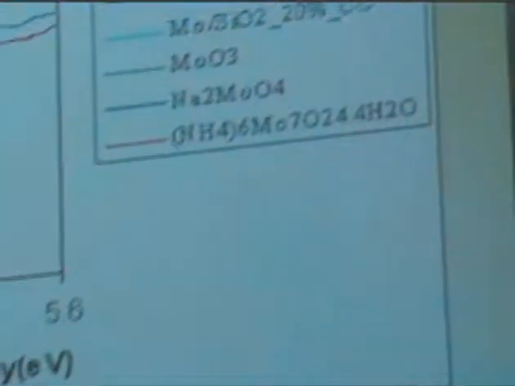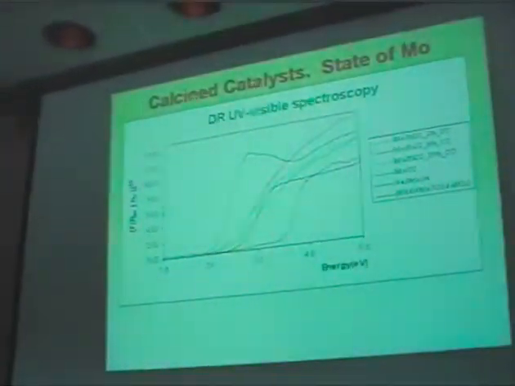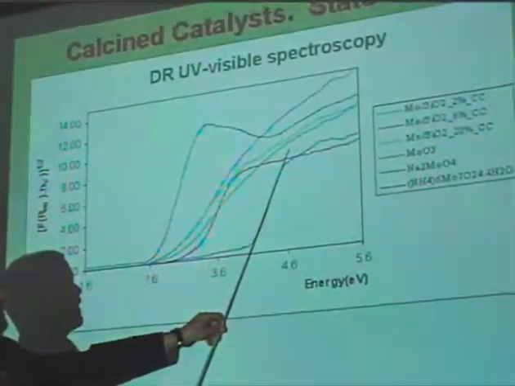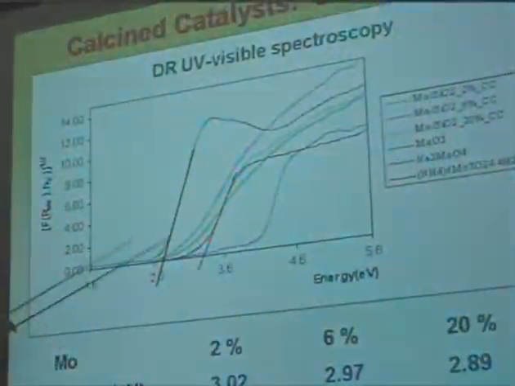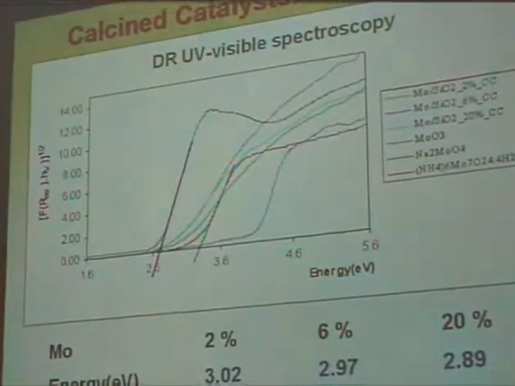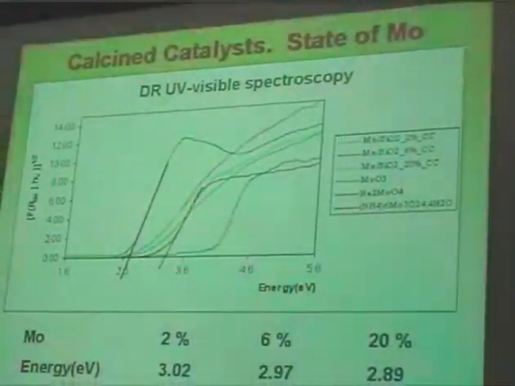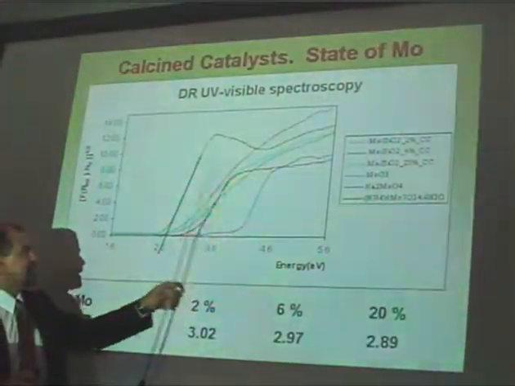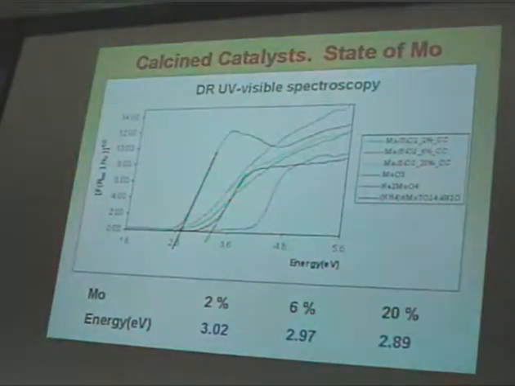Okay, let's look at the state of moly. UV-visible spectroscopy is a very nice technique to study molybdenum oxide because depending on the state of dispersion of molybdenum oxide, you observe a different band. It's a method that Enrique Iglesias developed to calculate the size of the molybdenum oxide clusters, and he observed, the same as we did, that as the molybdenum oxide cluster increases in size, the band gap decreases.